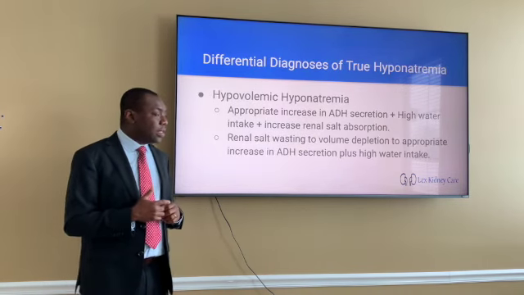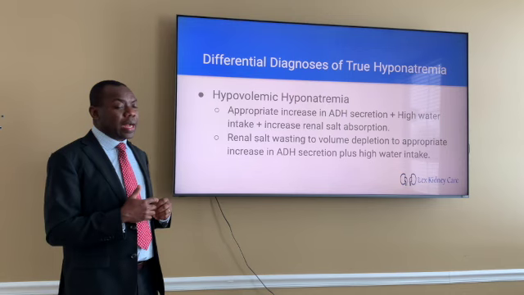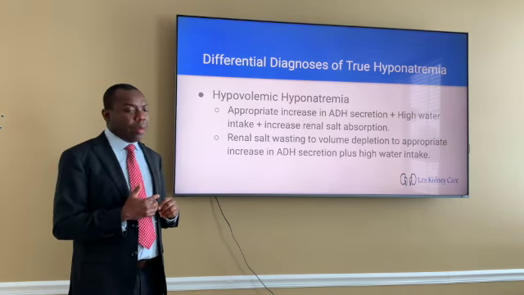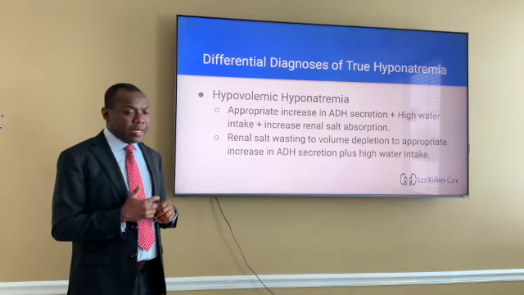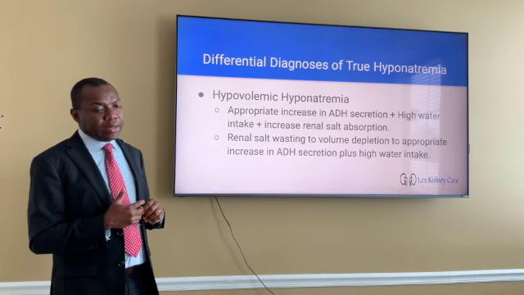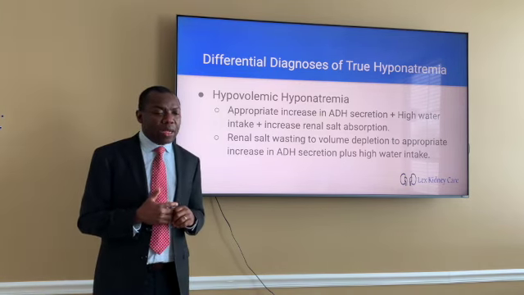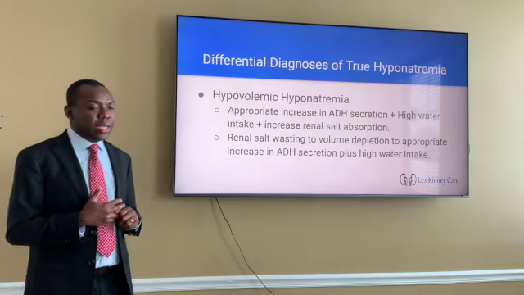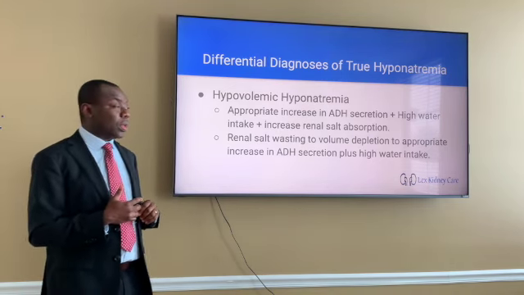The first classification to look at is hypovolemic hyponatremia. In this case, you have an appropriate increase in ADH secretion plus high water intake, and then you also have an associated increased renal salt absorption.